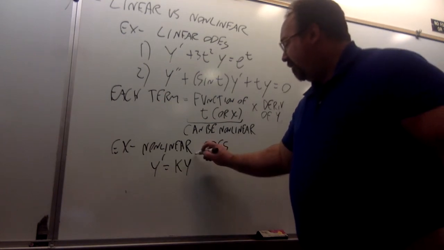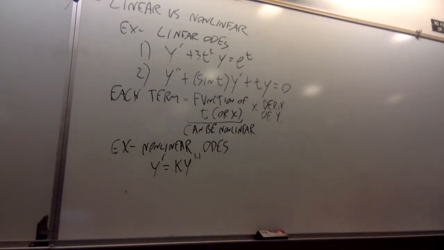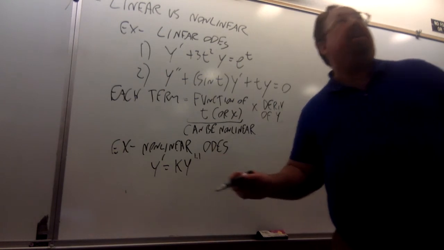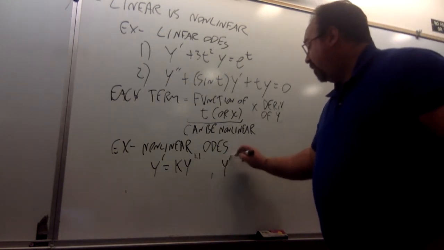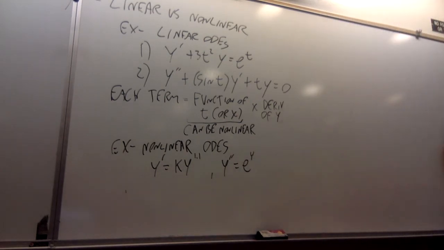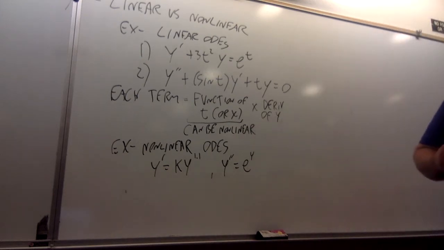I'm going to put an exponent on the y. So it's y to the 1.1 power. Now we have a nonlinear function of y here. Here's another one, like y double prime is equal to e to the y. So when you start having functions that are nonlinear in y rather than t or x, that's when you get into differential equations that are nonlinear.